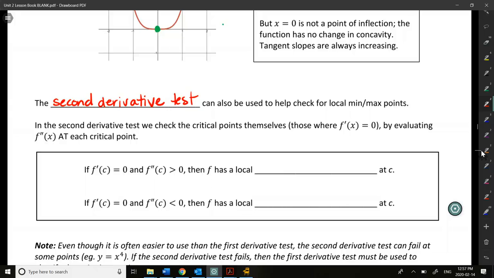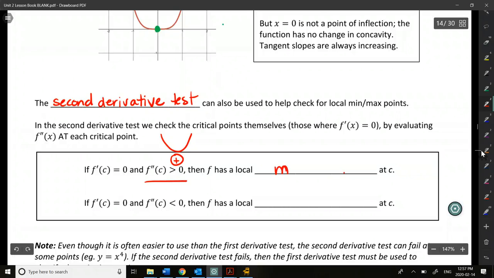So what happens is if I sub in a critical number that's potentially a local max or local min, and my second derivative gives me a positive value, that's what we mean by greater than 0, that tells us the area is concave up. So what does that tell us about the critical number? It's a local min, right?